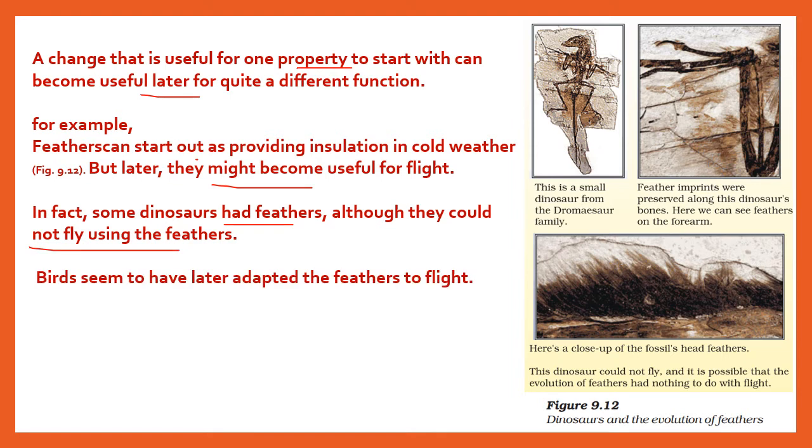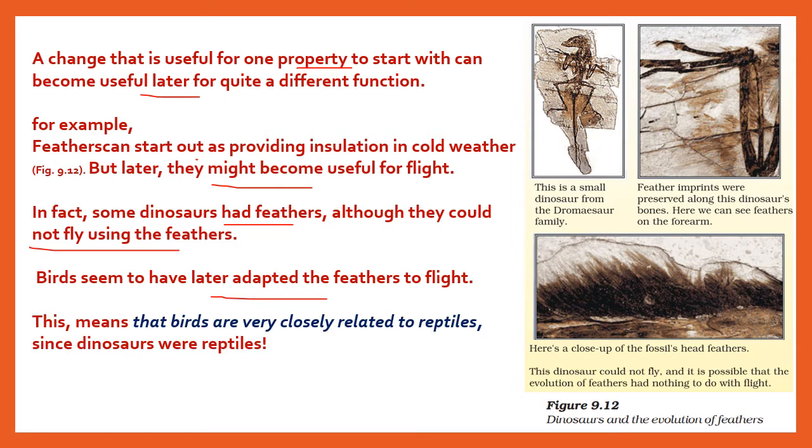Birds seem to have later adapted the feathers to flight. What does it mean? This means that birds are very closely related to reptiles, since dinosaurs were reptiles. So can we say that birds and reptiles had common ancestors? It may be.